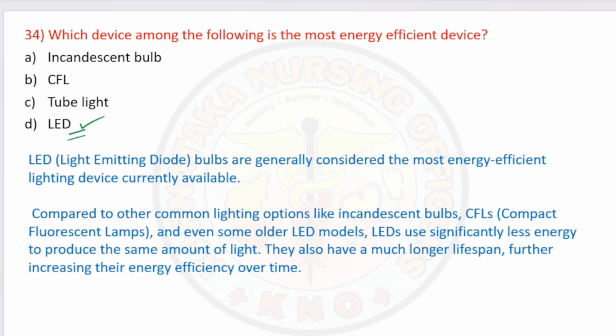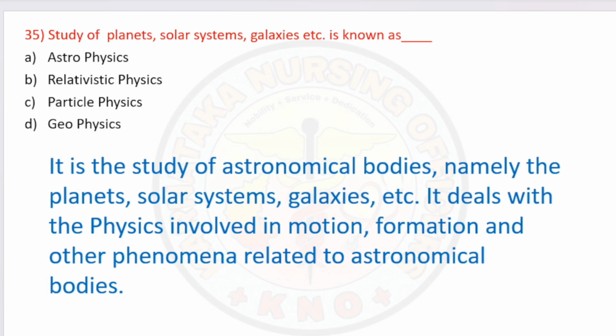LED bulbs are generally considered the most energy efficient lighting device currently available compared to other common lighting options like incandescent bulbs, CFLs, and even some older LED models. LEDs use significantly less energy to produce the same amount of light. They also have a much longer lifespan, further increasing their energy efficiency over time.